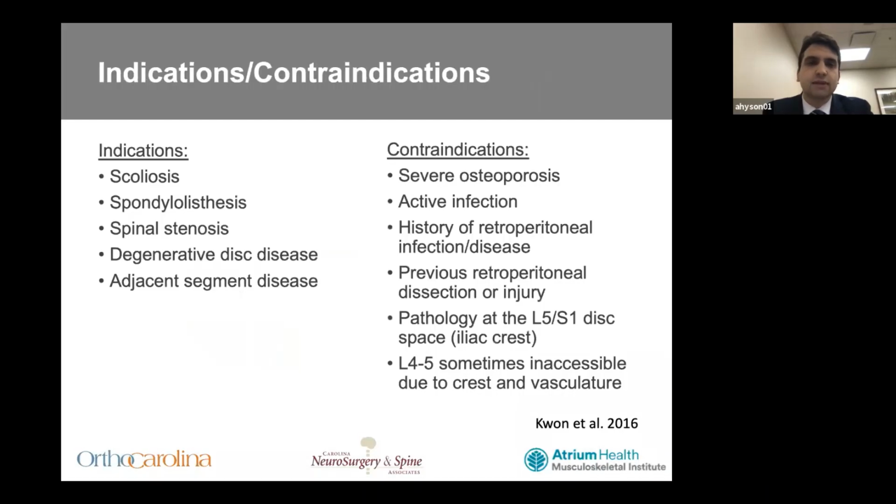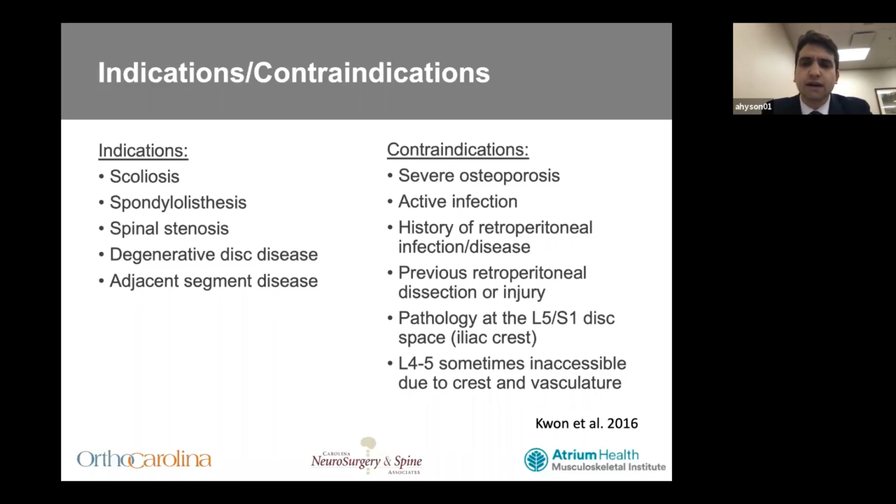Briefly, indications and contraindications for this procedure. Indications include scoliosis, most commonly degenerative scoliosis, spondylolisthesis, spinal stenosis, degenerative disc disease, and adjacent segment disease. Contraindications include severe osteoporosis, active infection, history of retroperitoneal infection and disease, and previous retroperitoneal dissection or injury, as you would expect, as this would prevent you from traversing the typical retroperitoneal corridor to the disc space.